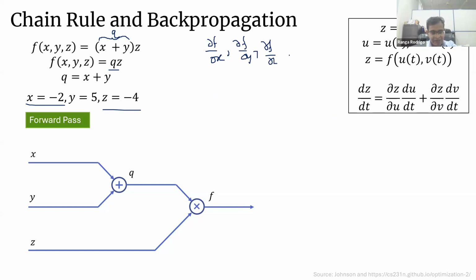These are the ones that we want to compute. So in the forward pass, we put these numbers -2, 5, and -4. They have been given. q is, you can see, x plus y. So it's 3. f is q times z, that's -4 times 3, -12. This is the forward pass.